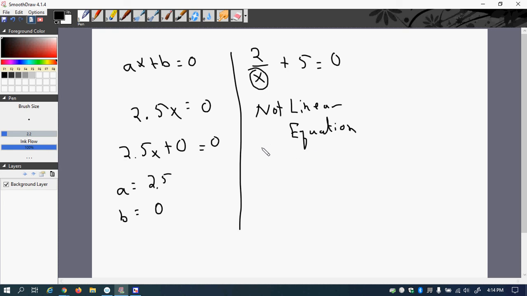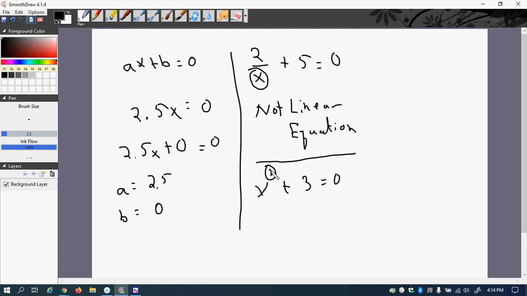Another one that may get you to think that it is linear, but it's not, is x squared plus 3 equal to 0. Would this one be a linear equation in one variable? Well, this one's not, because of the exponent.